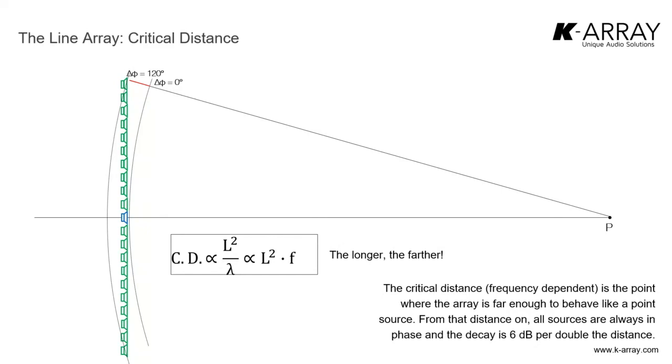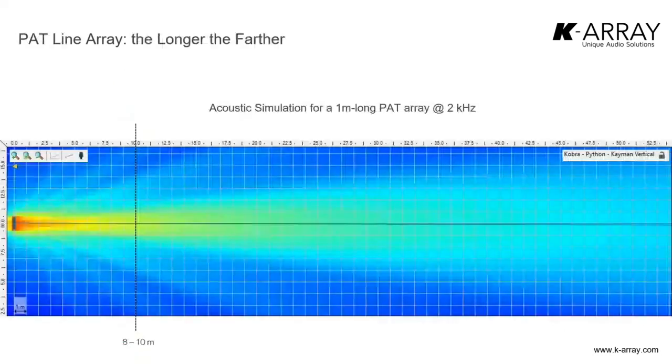We can see it pretty well if we do an acoustic simulation. This is a side view, and you can see on the left a pure line array, one of our columns, 1 meter long. And you can see this is a simulation at 2 kHz, which is a very important frequency. One octave around 2 kHz is where the clarity is, so it's a good frequency to study.